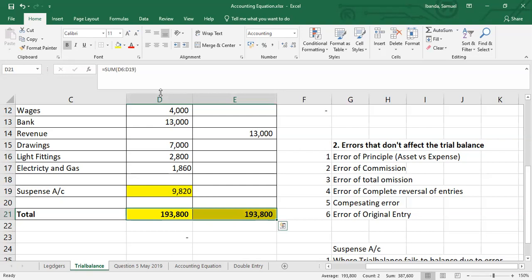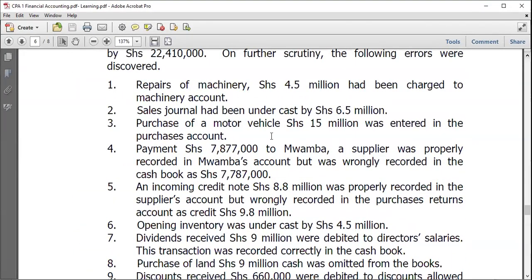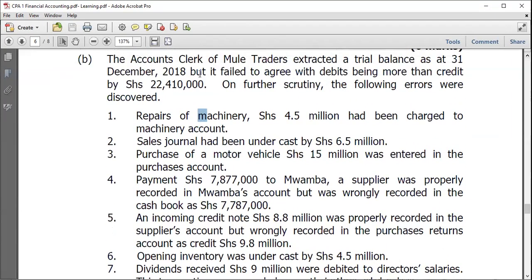Now, for matters of our question here, they said it failed to agree with debits being more than credits by this value. So it means that we introduced this value on which side? On the credit side, because the credit side was less, because they're saying debits were more than credits. So you cannot introduce it again on the debit side.